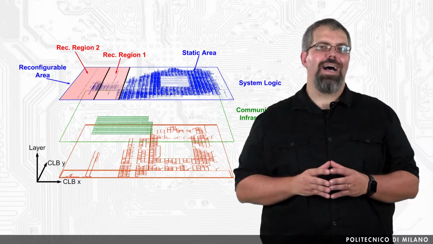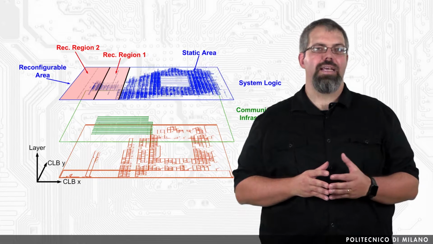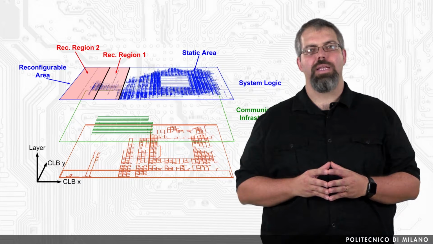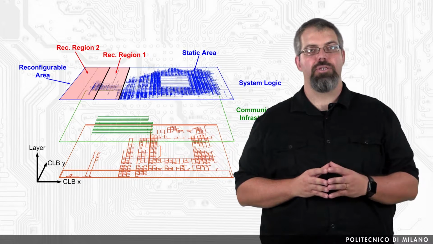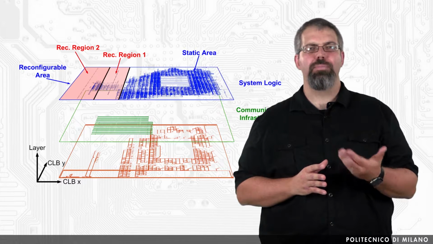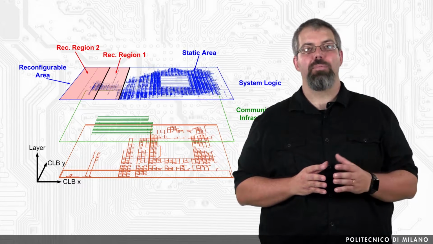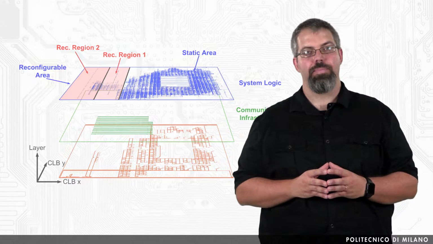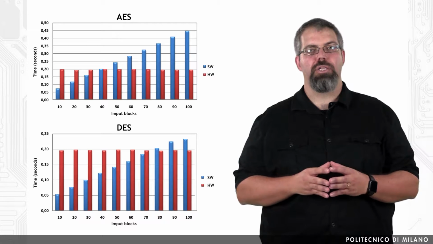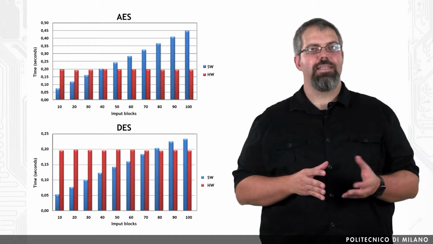When an AES or a DES request is received by the centralized manager, the operating system evaluates whether the hardware or the software implementation should be chosen. The selection of the implementation is based on the input size and on the number of available slots to allocate the IP core. These figures show the execution of the hardware and software implementations of AES and DES.